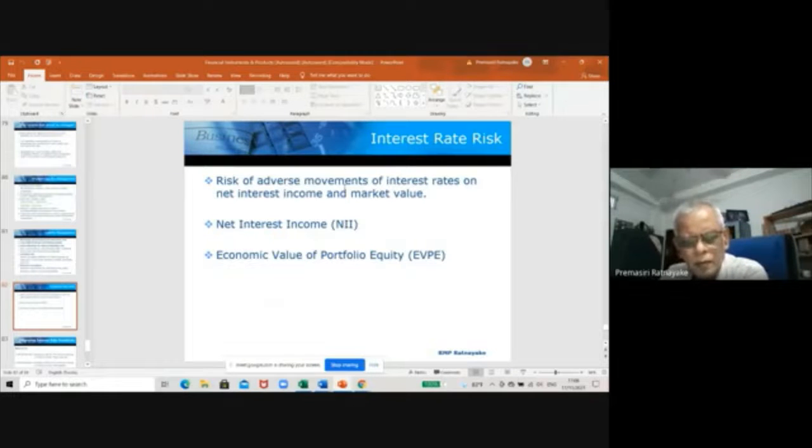Interest rate risk: risk of adverse movements of interest rates on net interest income and market value. Here, I think we discussed some time back, we take a practical example from the beginning of 2020, when the interest rates reduced from about 10 to 11% to about 5%.